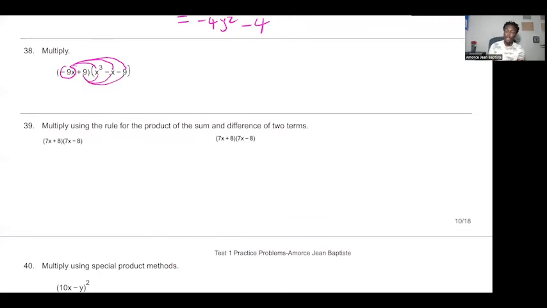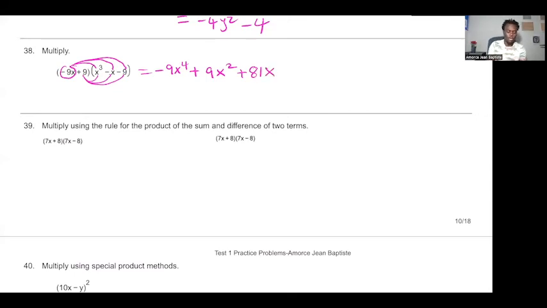Let's start with the first term of the binomial. We do negative 9x times x to the third, that's negative 9x to the fourth. Negative 9x times negative x is positive 9x squared. Negative 9x times negative 9, that's positive 81x.